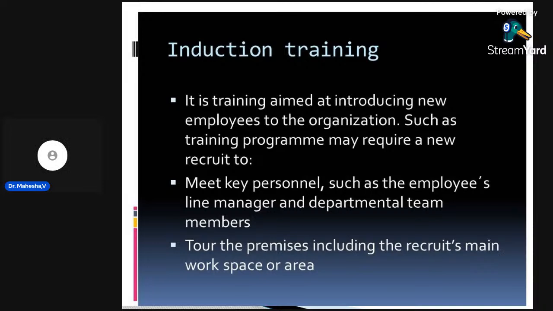Different departments like HR department, production department, warehouse department, R&D department, finance department, recreational clubs, marketing department, all the different functional units or departments are working inside the organization. They will tour the entire premises while accompanying the newly recruited employees.